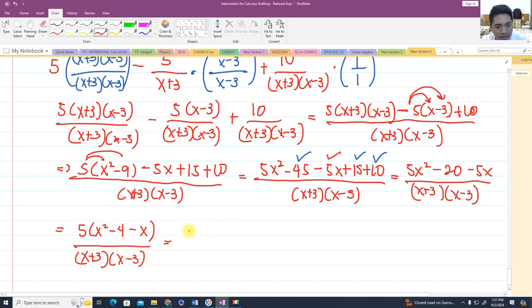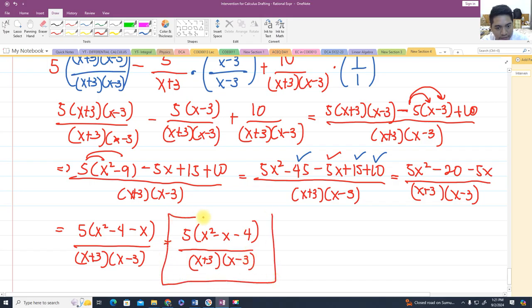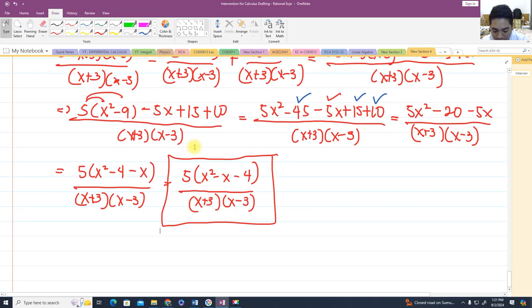Or, if I rewrite this, you have x squared minus x minus 4 all over x plus 3, and then x minus 3. All right. So I think that is our answer. So the numerator, if you try to factor it out, it will not cancel any of the denominator. So there's no need for factoring the numerator.